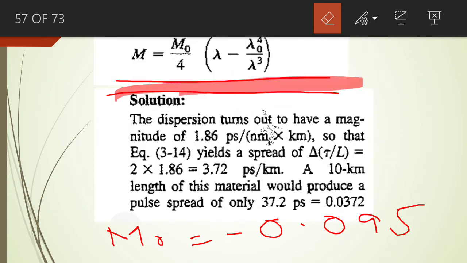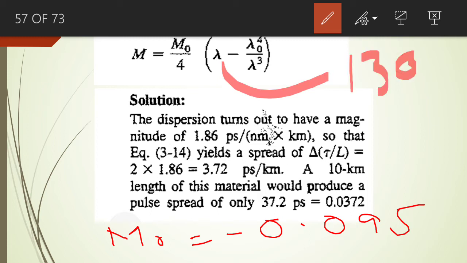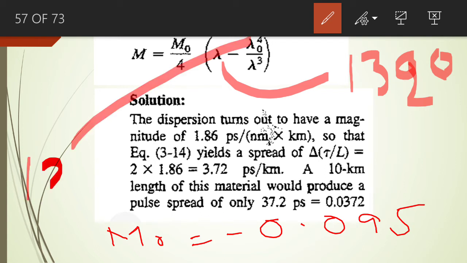No, this is 1320. So lambda is 1320 and lambda naught is 1300. We put the values in this equation, and we find out the value of m first.